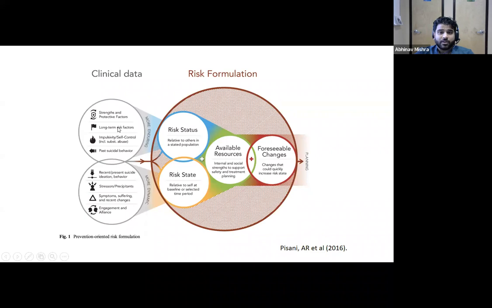Yes, there are a lot of long-term risk factors, but we started looking at what are the acute changes that we're having. The patient had never attempted suicide in the past. And while they were very impulsive 15-year-olds, we recognized that mom and dad locked everything up. Dad had already removed all the guns from the house as a safety precaution. They had already moved the knives in the kitchen into a locked drawer.